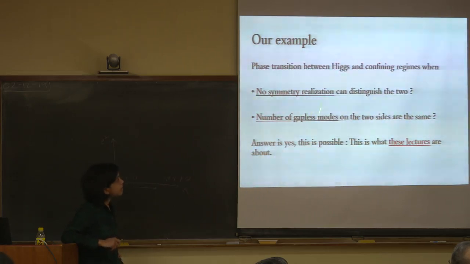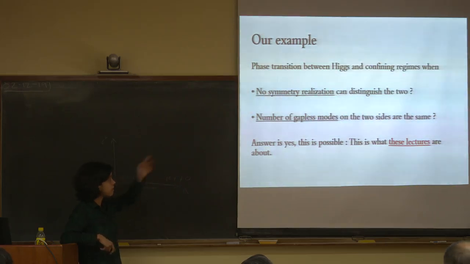Now again, in the cases that Fradkin and Shenker considered, you saw that the Higgs and confining phases in those examples are smoothly connected. But I'm going to claim that there are some other examples where they are not smoothly connected. Okay? And this is what these lectures are about.